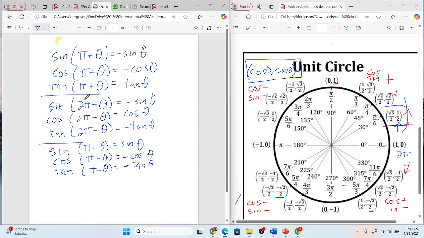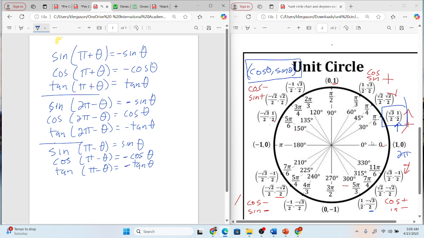So the same thing happens when I'm looking at things right here. Sine of 2 pi minus theta. So let's go back with the 30 degrees. 2 pi puts me right here at 0/360. So if I subtract 30 degrees, I end up right here, and my sine is negative.